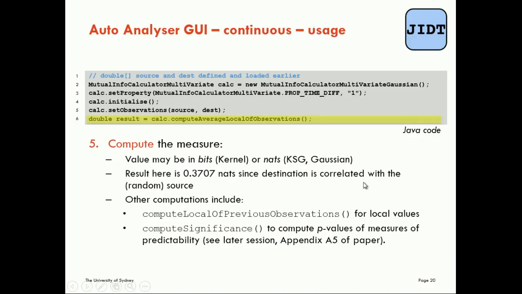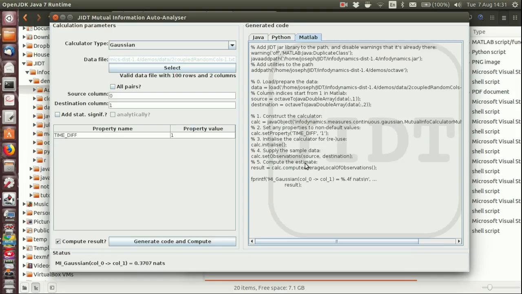So finally, we make a computation in exactly the same way as we did for the discrete valued calculator. Now here the values may be in bits for the kernel estimator or nats for the KSG or Gaussian estimators. You can always tell which one it is if you forget, because the print line at the end tells you whether it's in nats or bits.